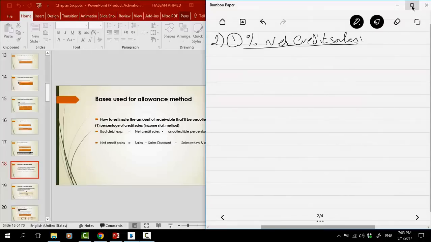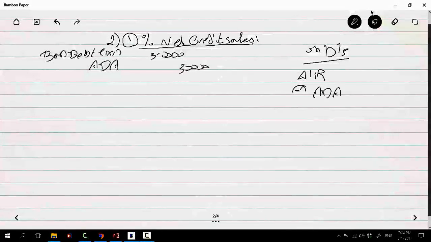First of all, under the allowance method, how will we record the estimation? Bad debt expense and ADA. As in the last example, it was 30,000. And on the balance sheet, it will be recorded accounts receivable minus ADA, minus the amounts.